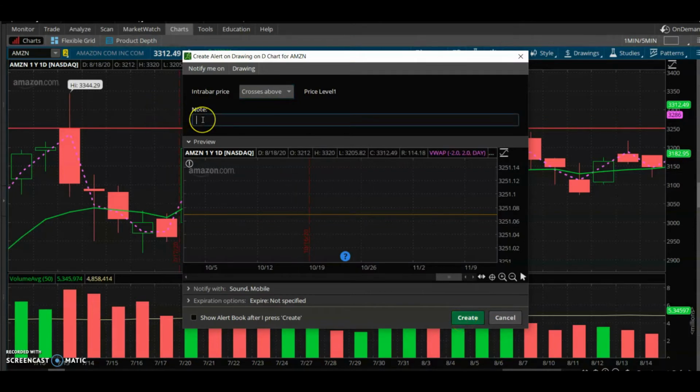Probably what I want to do, because I don't know when this is going to occur, it could be in a day, it could be in 2 days, it could be in 50 days. So at that point, when I get an alert, I probably want to make a note to myself why I'm getting this alert. So I'm going to say something like price action breakout above previous high.